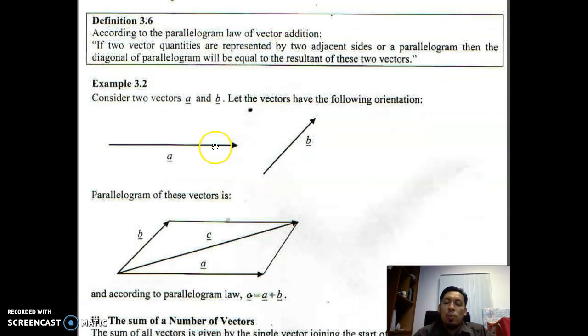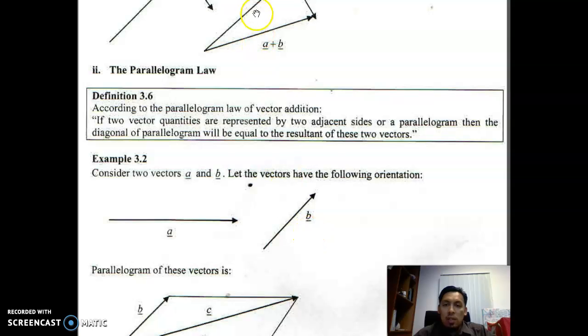So basically, we are going to have another A and another B, and make them parallel: A with A and B with B. The diagonal line here will represent the result of the summation between A and B.